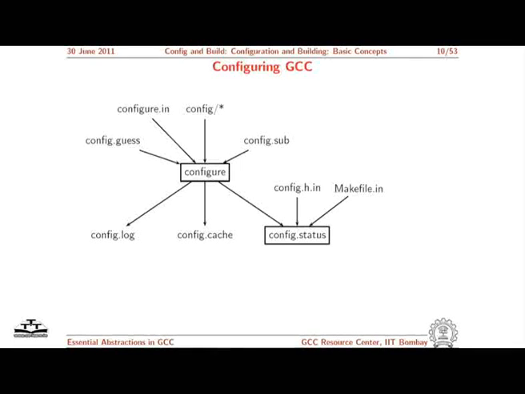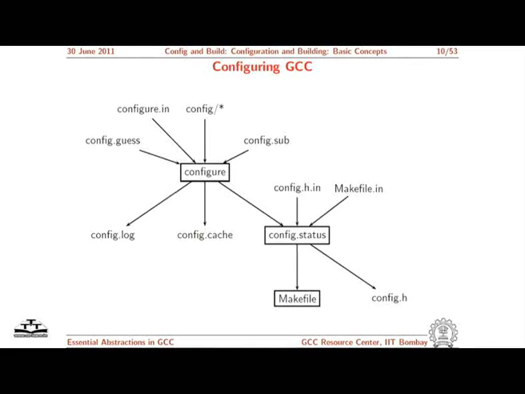Similarly, Makefile.in is a template from which a makefile is created. Makefile is again shown in a rectangular box. Of course, you could argue that the program is make and the makefile is not an executable, but here for simplicity, let's take the makefile as an executable which we execute with the make command. This is the process of configuration. Configuration does this.